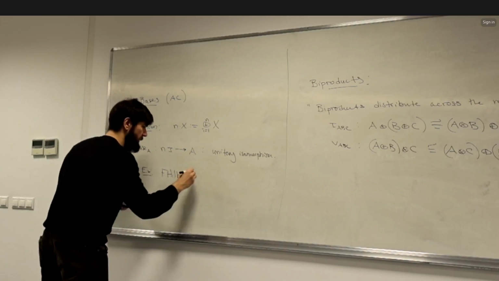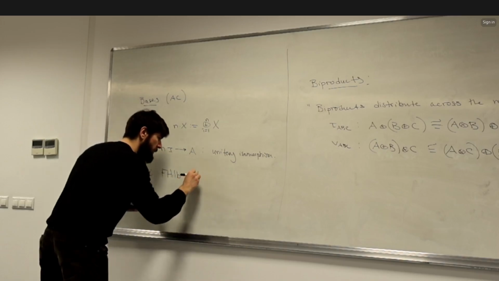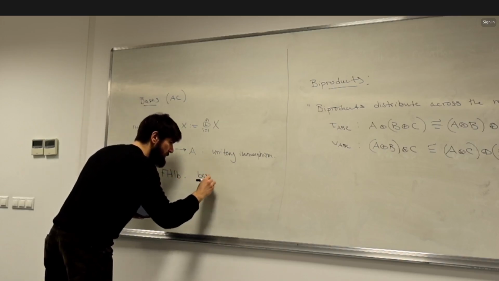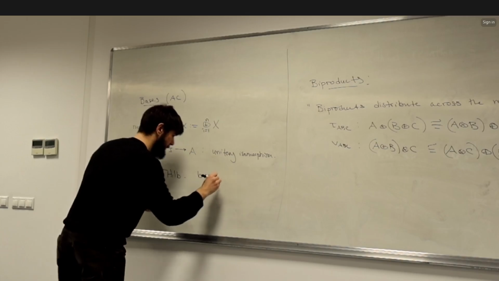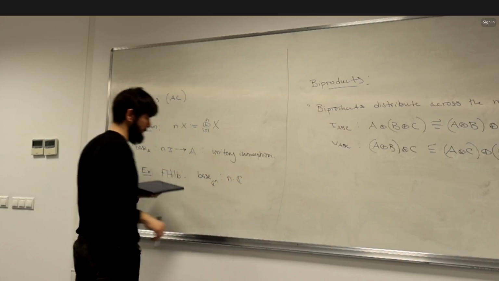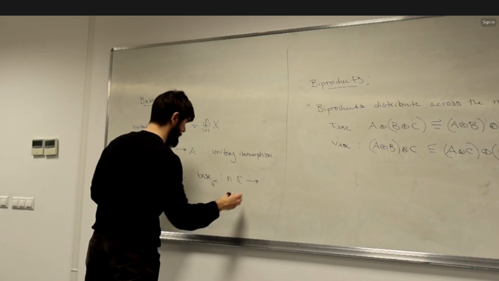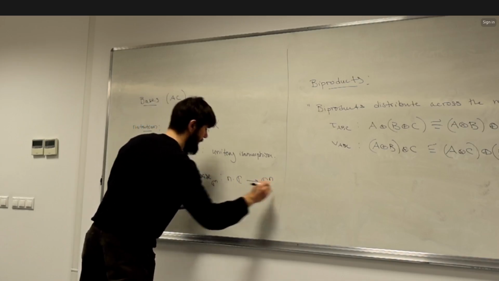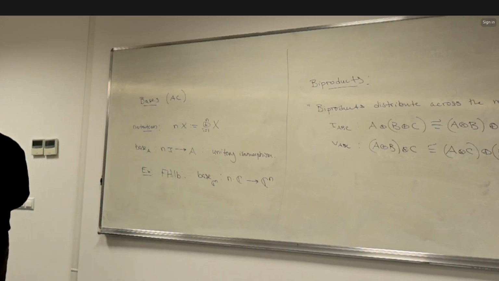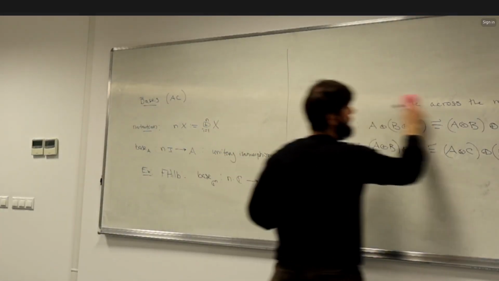We can maybe think of objects here as being C to the n. A base for C to the n will be something like n times the unit object in this category to C to the n. This is like picking out some sort of computational basis.